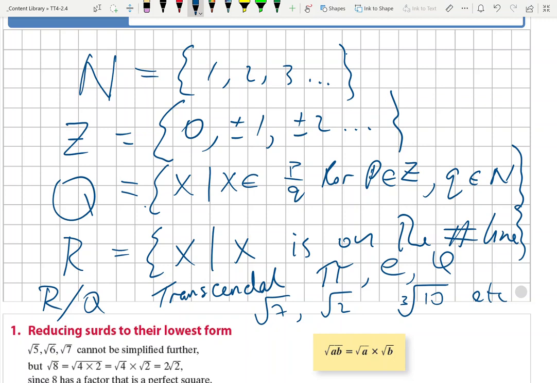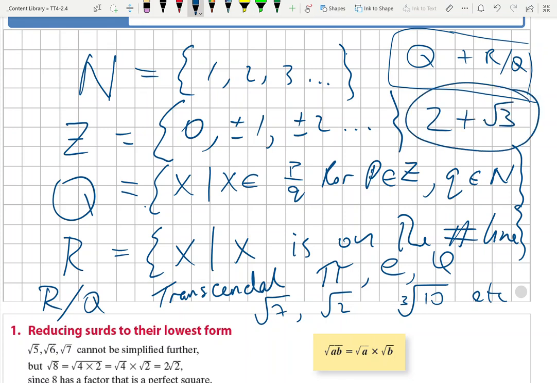Okay? And if you add a rational number, now this is loosely defined because I'm adding sets here, but if you just think of q as being a rational number and you add it on to an irrational number, you get an irrational number. So if you add 2 and root 3, you get what's called a compound surd.